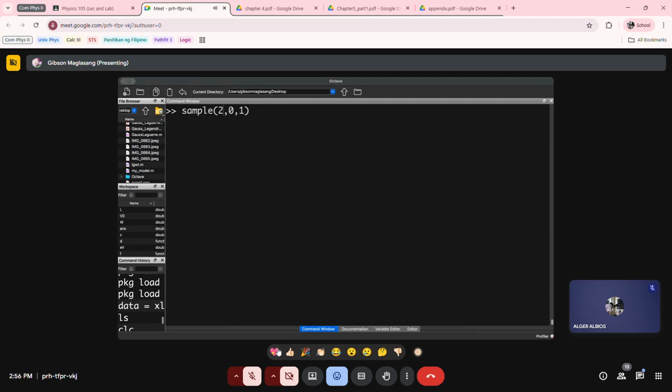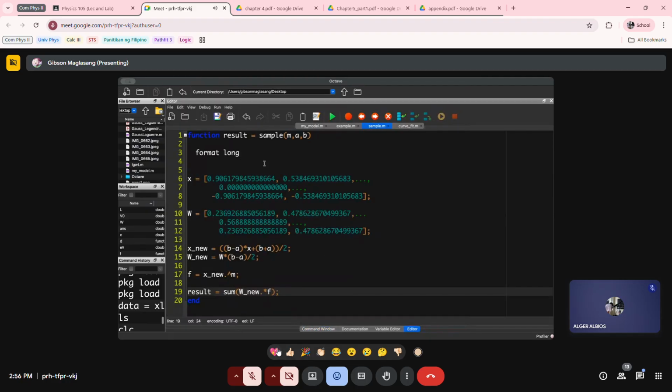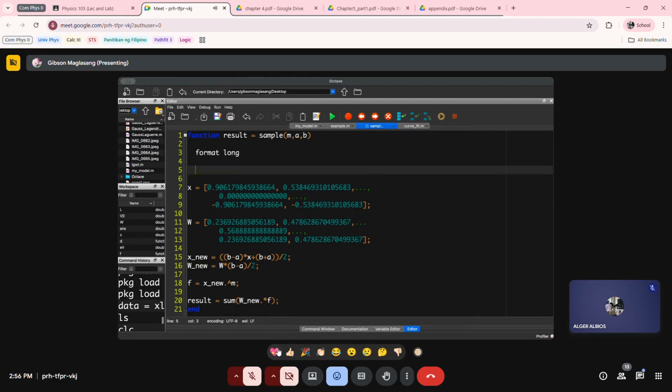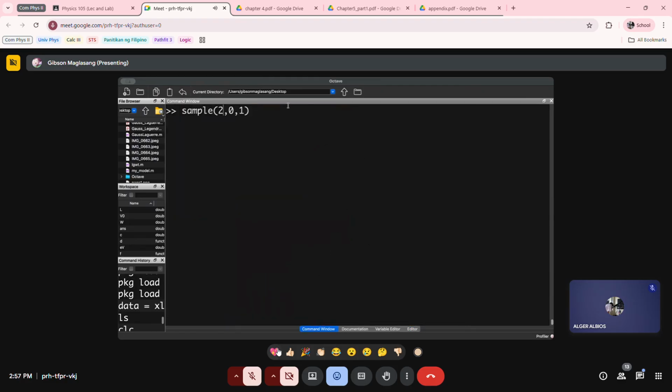So this is 2. Your input here is m, so this is the degree. The program we fixed earlier is for n equals 5. So it got mixed up. So this is x squared evaluated from 0 to 1. The result should be 1/3, so 0.333. You can explore on this.